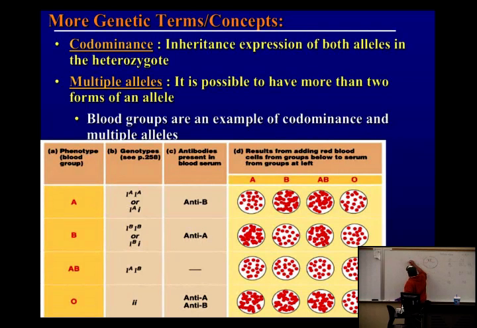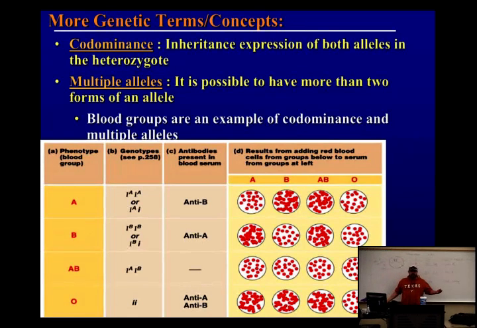So you would make anti-A, that couldn't attach to anything, right? There's nothing there. And you would make anti-B, again, because it couldn't attach to anything, because there's nothing there. Does that make sense? So they can only take from O.